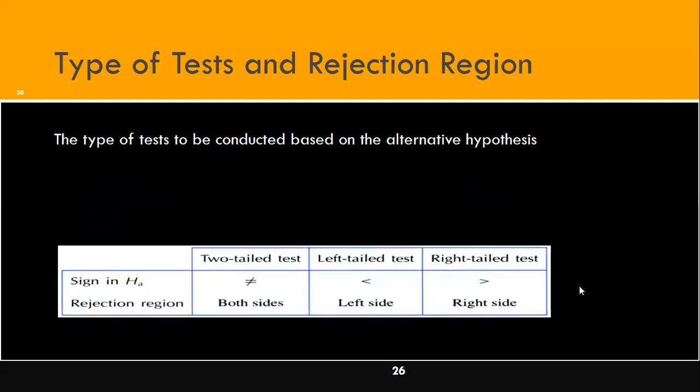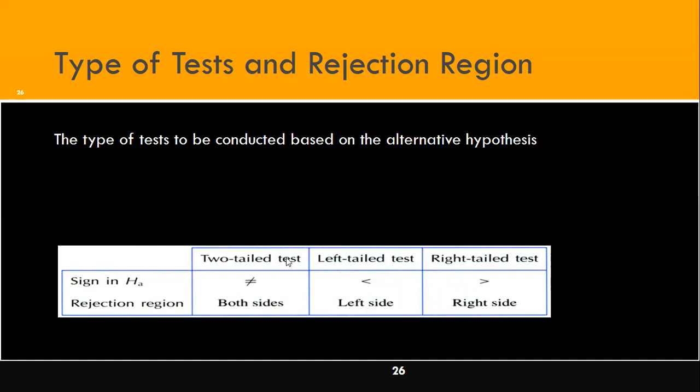Now all confusion is clear. So the two-tailed test, not equal to, you need to use it. Left-tailed test, less than, it's a left side test or one-tailed test. Instead of saying one-tailed test, we can say the left side test or right side test. The not equal is both sides, hence you need to conduct the right tail test and left tail test.